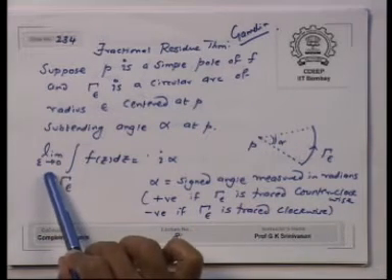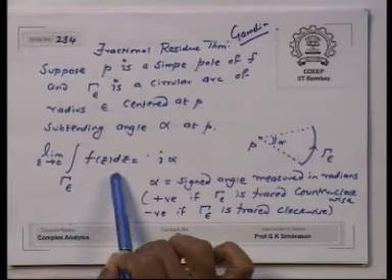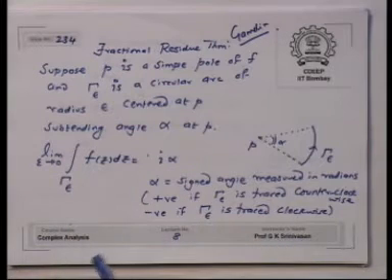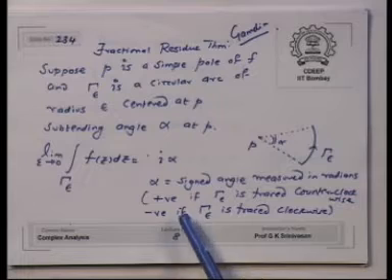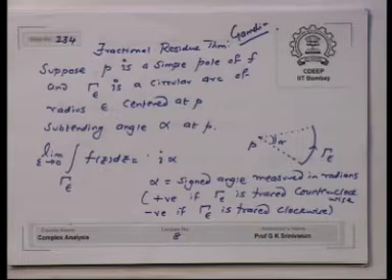Then the limit as epsilon tends to 0 of the integral of f(z) dz over gamma epsilon is i alpha, where alpha is a signed angle measured in radians, which is positive if gamma epsilon is traced counterclockwise and negative if traced clockwise. This is called the fractional residue theorem.